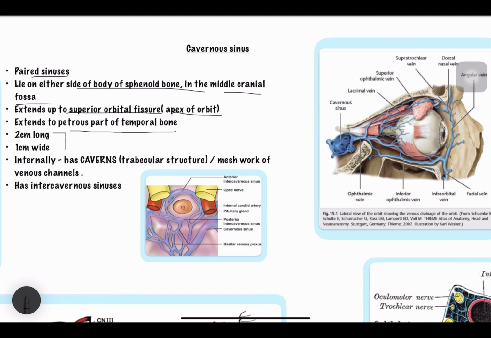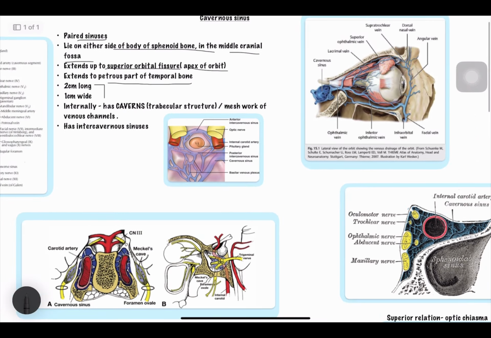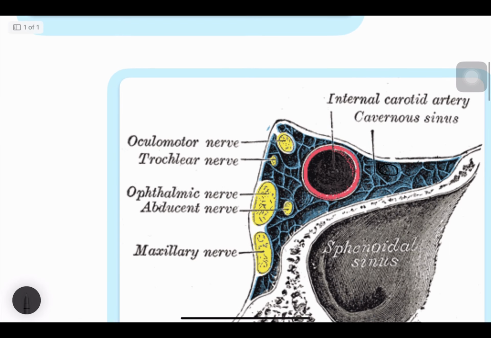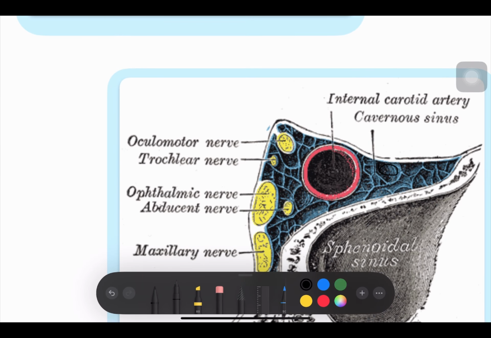Internally, its organization shows caverns or cave-like structures which give the trabecular structure or the meshwork of the venous channels. So in this picture, we can see the caverns which give the meshwork of the venous channels.